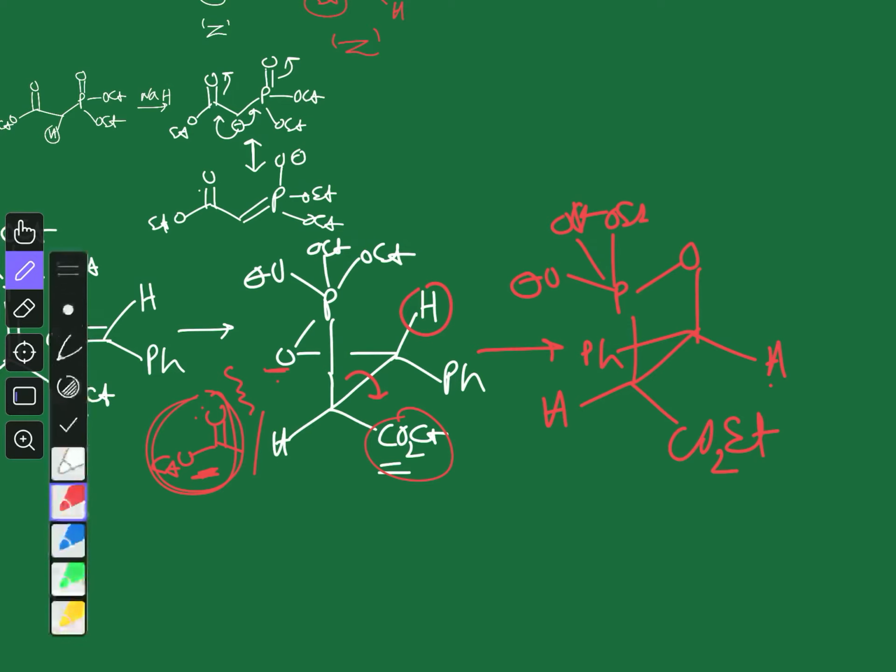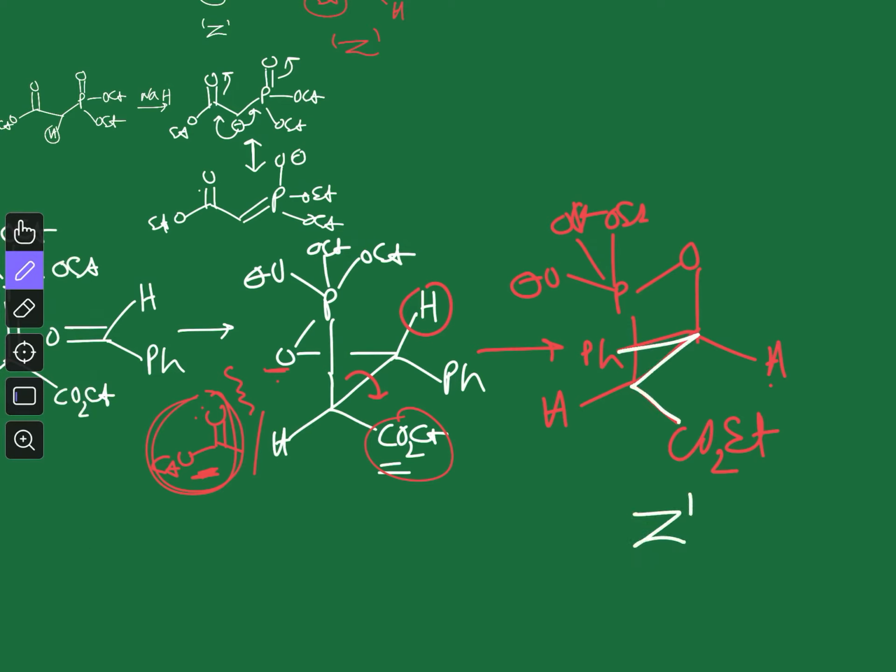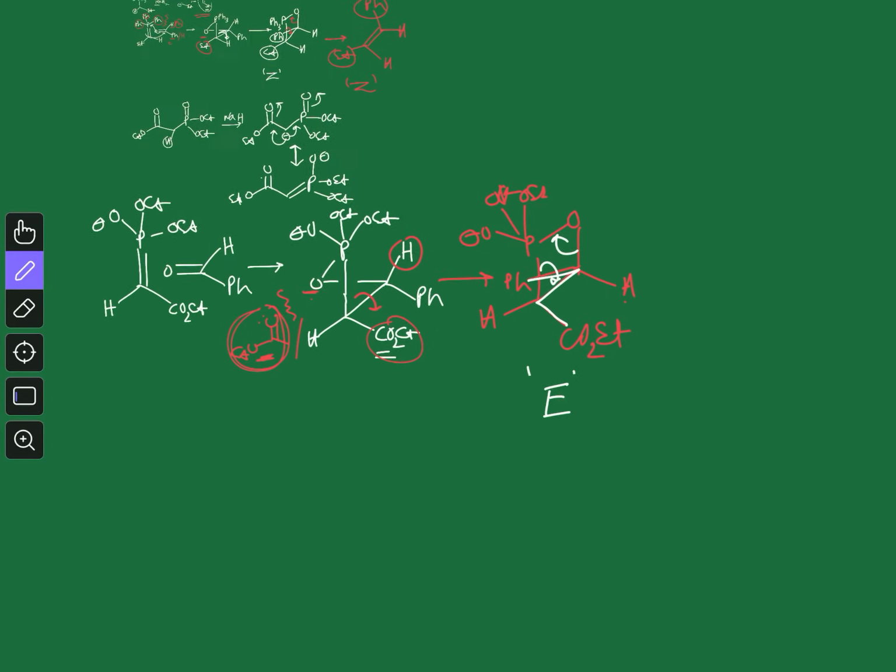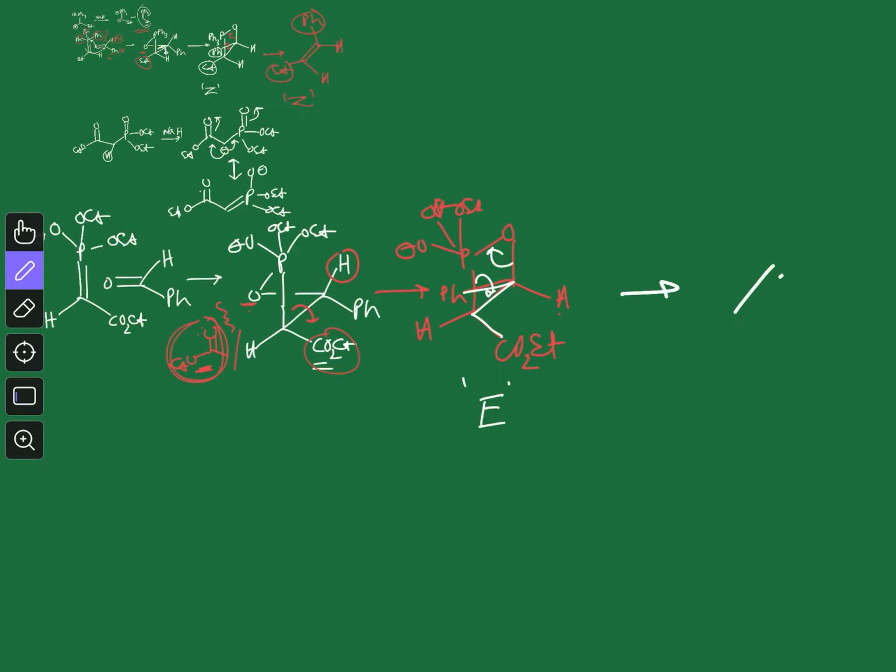So now in this oxyphosphate itself, the stereochemistry is actually not Z, it is actually E, that is the trans. The E or trans stereochemistry is manifested, and when this oxyphosphate collapses, you will get the E or trans product. So this is how you get the trans product or E product from a stable ylide.